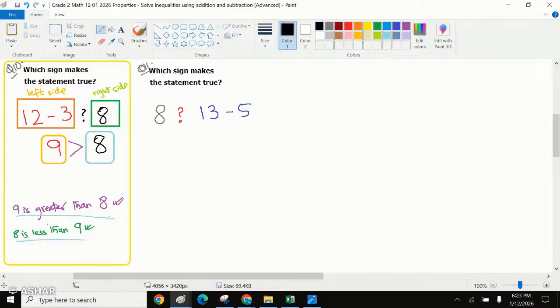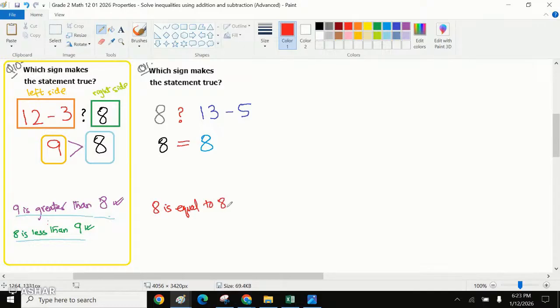In the next question, question number 11, we can write 8, and 13 minus 5 was also 8. So 8 should be equal to 8.